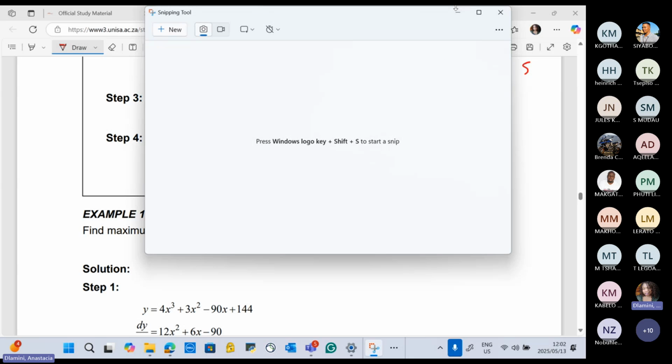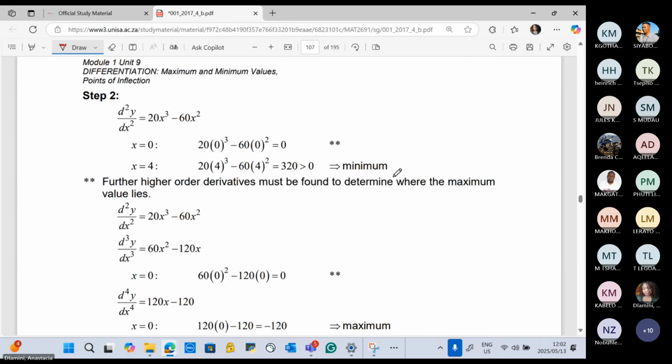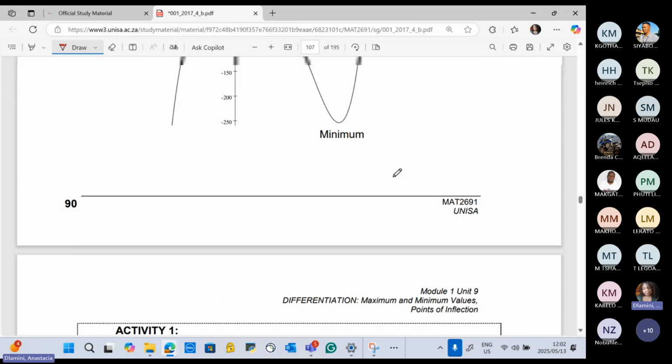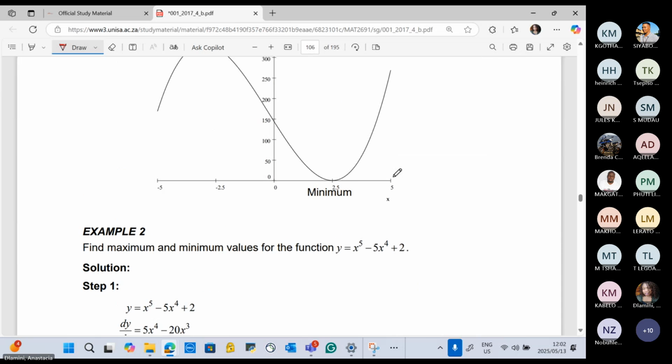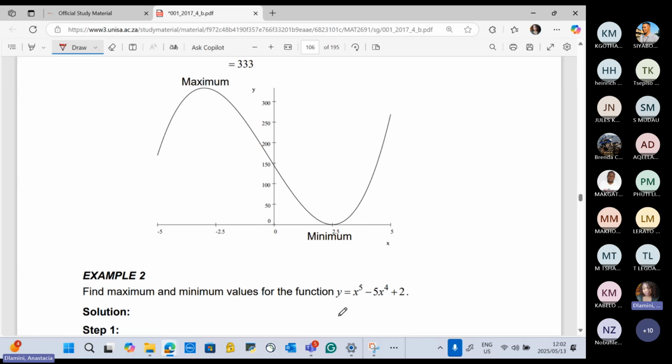Okay, let's go to the second question. Let me decide. So here they're showing you how the graph looks. This is how the graph looks.